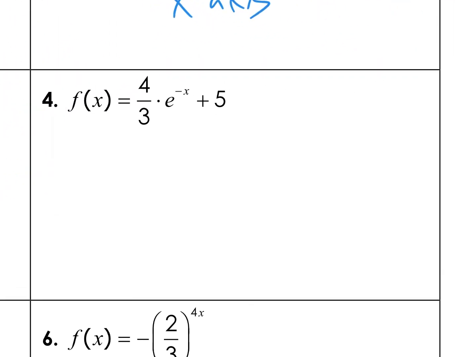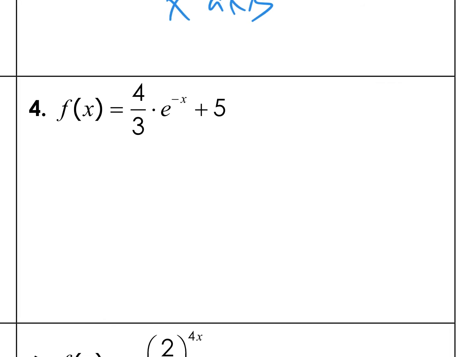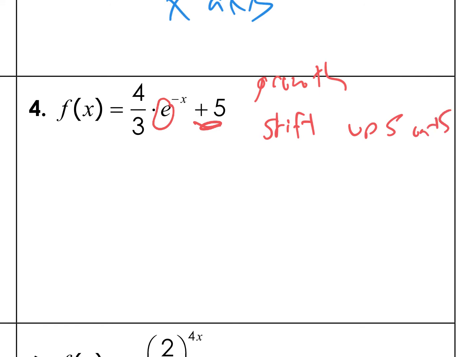All right, what transformations are going on here? Okay, e is an irrational number bigger than 1, so it's going to be a growth. Plus 5 means shift up 5 units. There's nothing being added to the x, so it does not shift left or right.